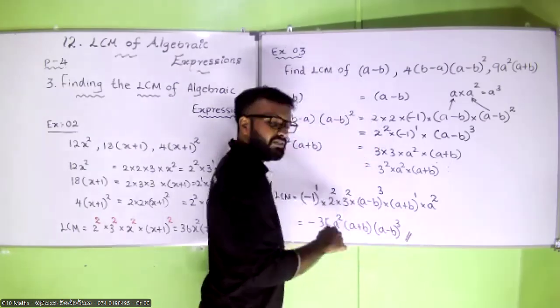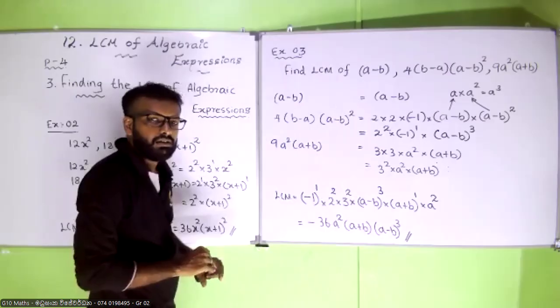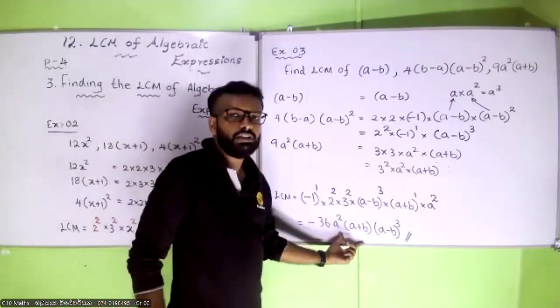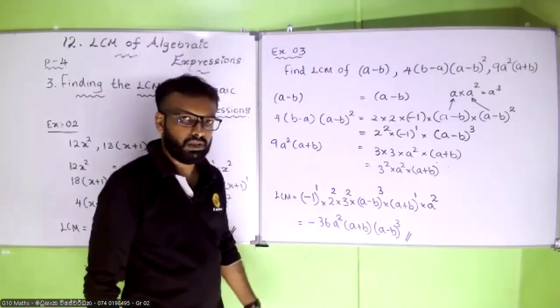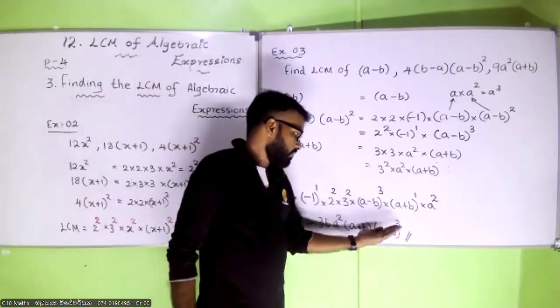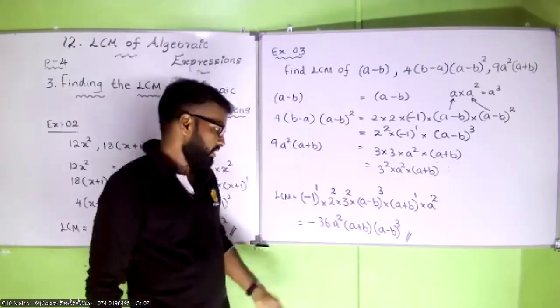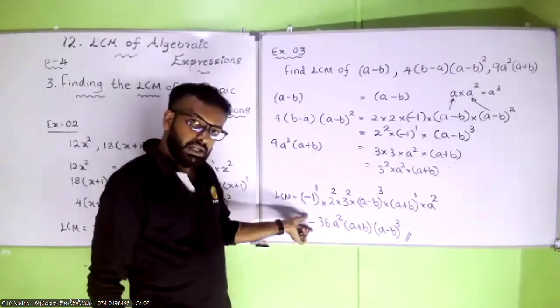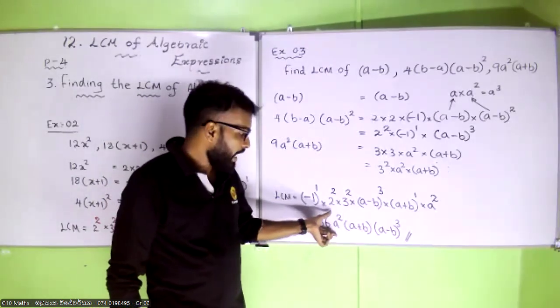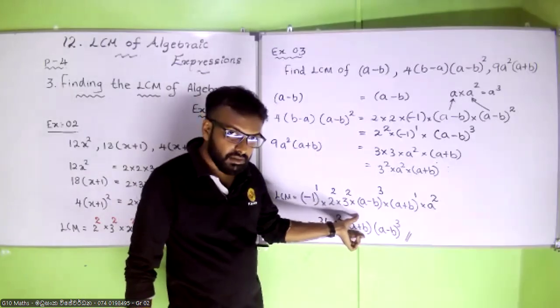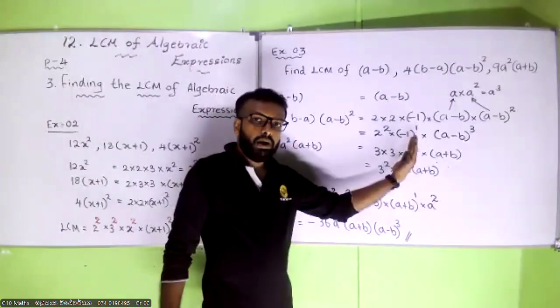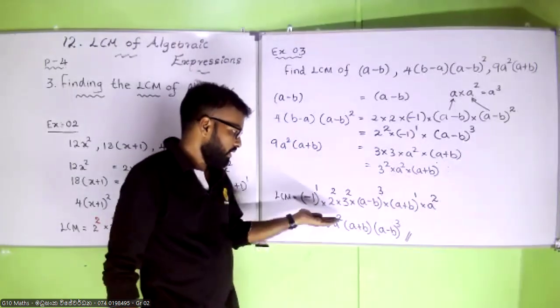And if you jumble this one, that's okay too, Haridhar. But this is one of the standard ways you can use. Make a standard way. Very clear, right? Sign, numerical value, algebraic term, then algebraic expressions by increasing power.